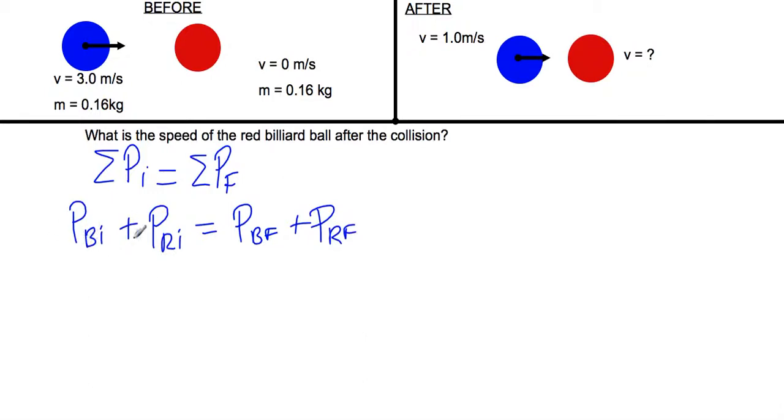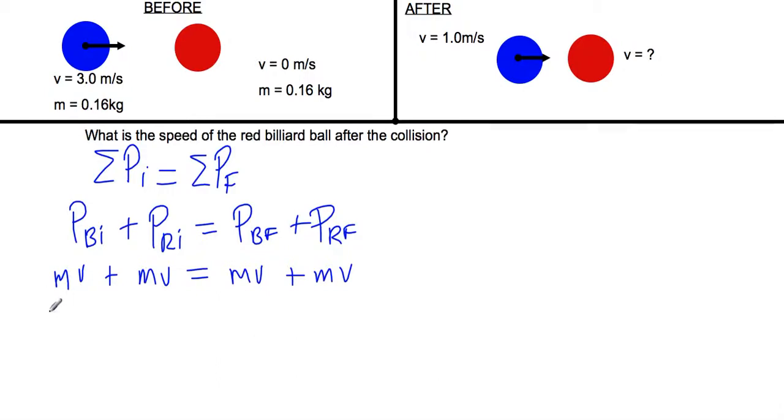Now I'm going to leave these subscripts off as I go to the next step because I think we get too many letters if you keep subscripting everything. We're just going to go to mv: mass of the blue, velocity of blue initial, mass of the red, velocity of the red initial. We can always check here to see what we're looking at. This is our initial red velocity, which would come from over here. And do the same thing on this side.